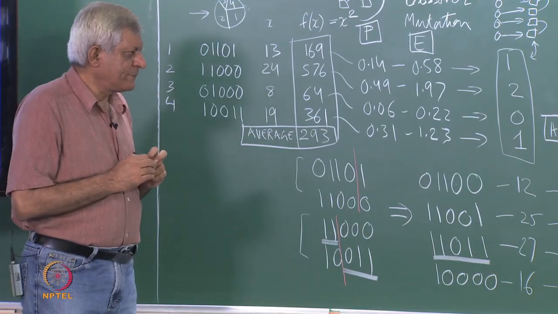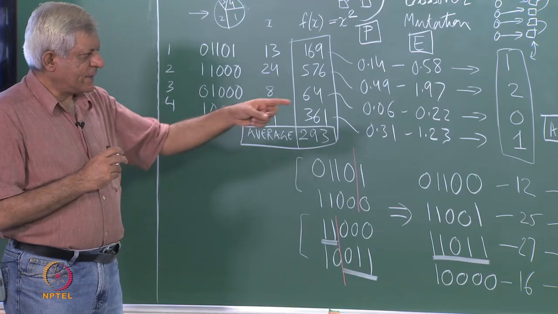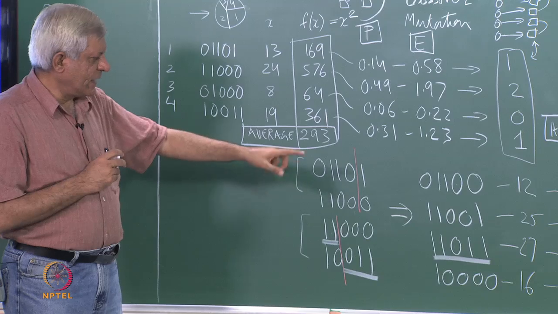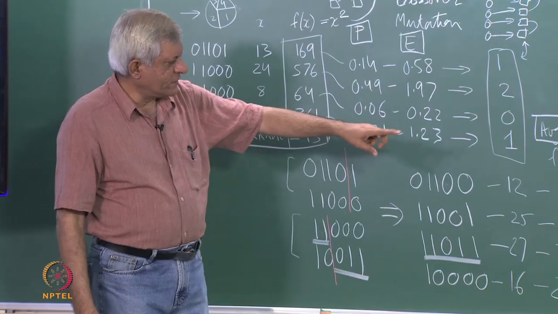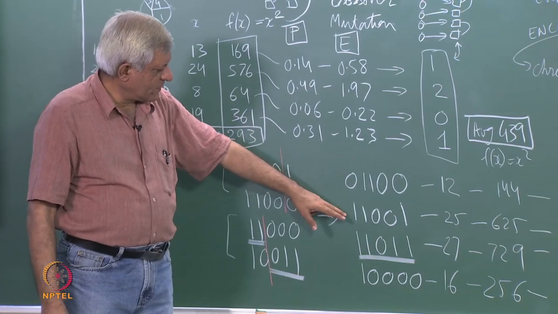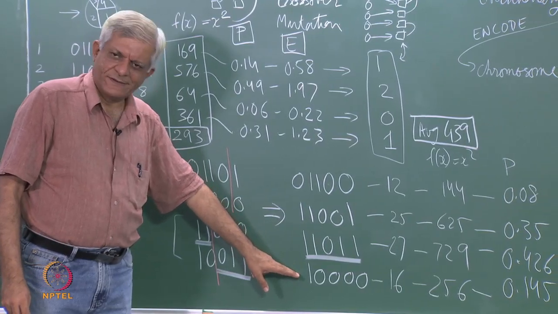Exactly. Now, if you look at the expected values of these 4 elements, the expected values are 0.32 for the first one, 1.4 for the second one, 1.66 for the third one, and 0.58 for the fourth one.